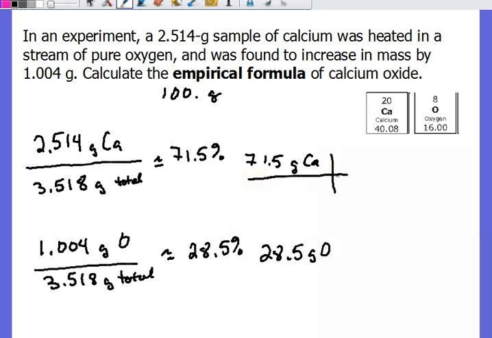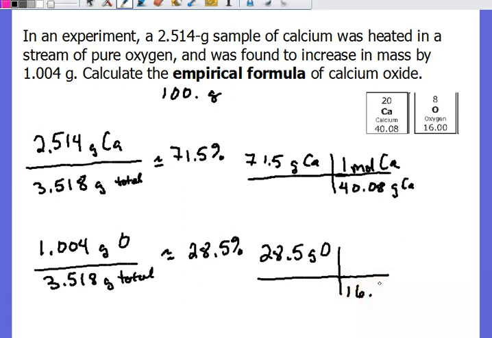From here, you're just going to convert that to moles, using your molar mass of calcium and your molar mass for oxygen.